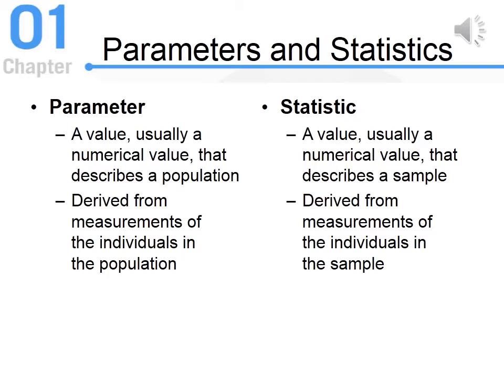So the number of hours per night that all of the women on Earth are sleeping on average would be a parameter value, whereas the number of hours that our 200 women in Northwest Arkansas are sleeping on average would be a statistic value because it applies to the sample and not to the population.